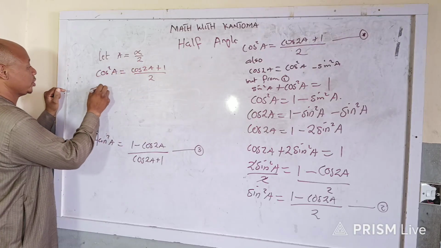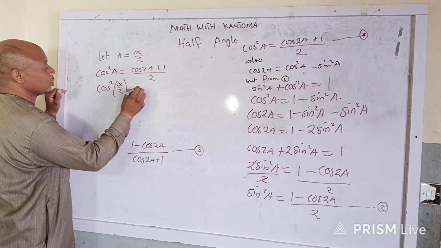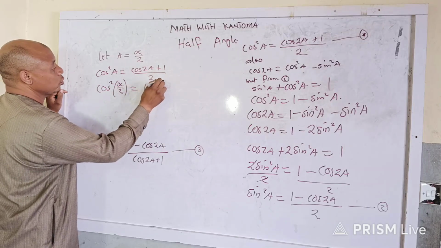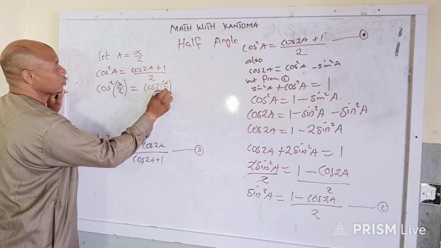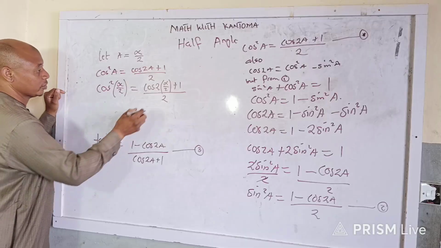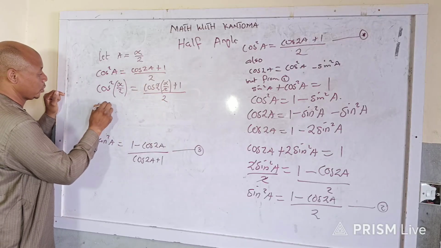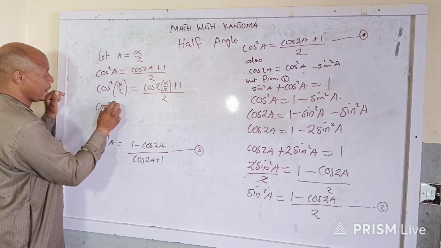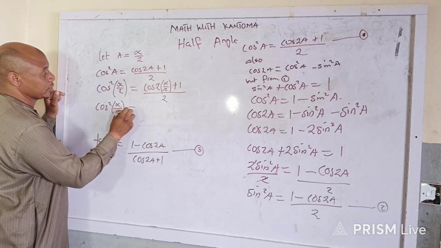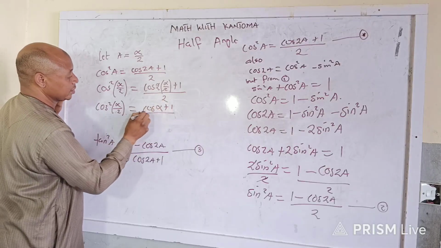So now by substitution, we have cos square alpha over 2 is equal to cos 2, instead of A, I have alpha over 2, plus 1, divided by 2. Right? So from here, these two will go with these two. So we'll be left with cos square alpha over 2 is equal to cos alpha plus 1, divided by 2.